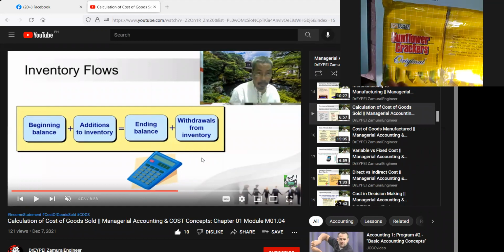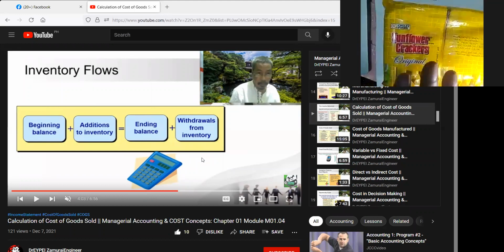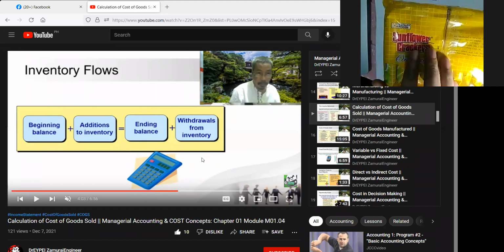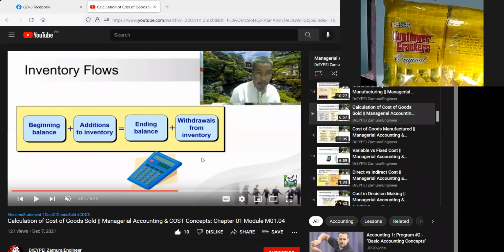You are getting products from your storage area, from your inventory, not for selling purposes, but for your own use. You want to eat, so the owner has to record it as withdrawal from inventory.